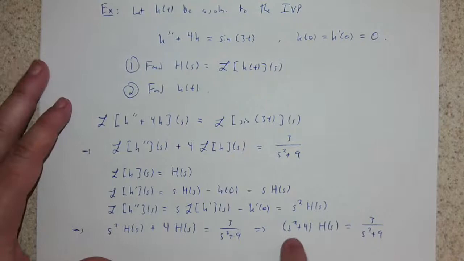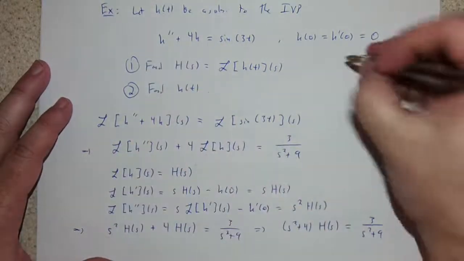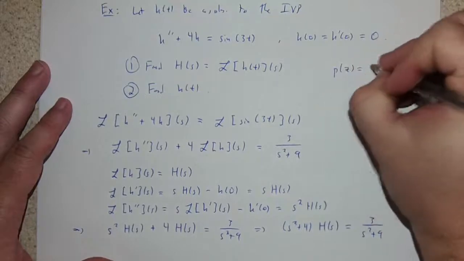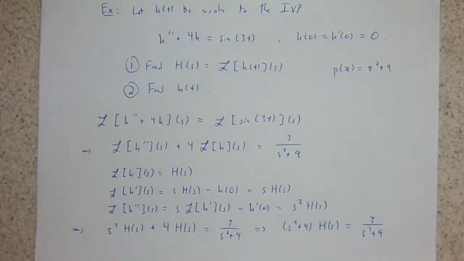One thing to notice is that s squared plus 4 is the characteristic polynomial for this thing. The characteristic polynomial is z squared plus 4, so it's just the characteristic polynomial with s plugged in. This always has to work like this, just like it worked in the previous problem. So this is one way of checking that the algebra you're doing is staying on track. At this stage, you should have that characteristic polynomial showing up in the same way.